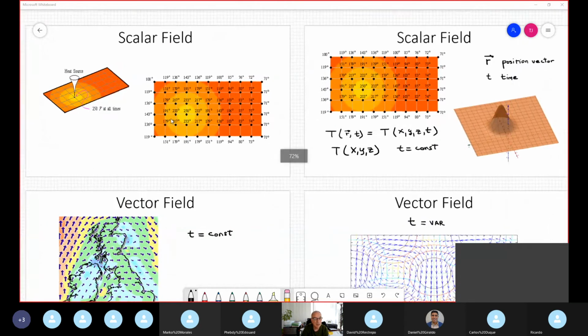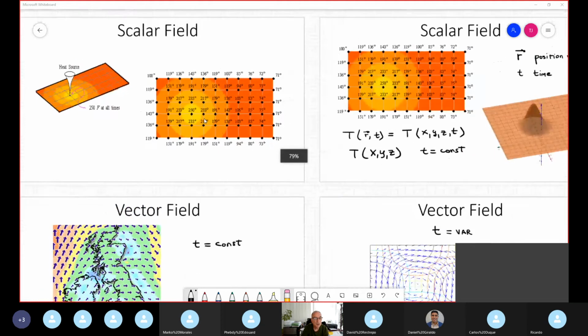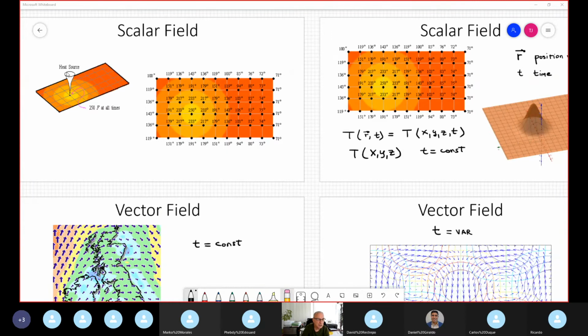Look. The first slide is the idea of the scalar field. Suppose that we have a lamina or something, I don't know if it's metal or no, and you put here in one specific point a heat source, and the temperature of this heat source is 250 Fahrenheit degrees, no?